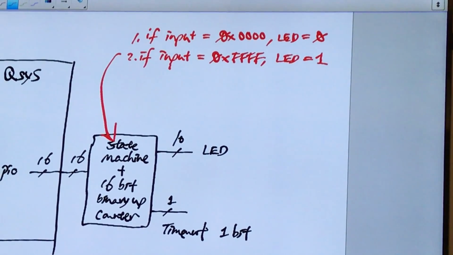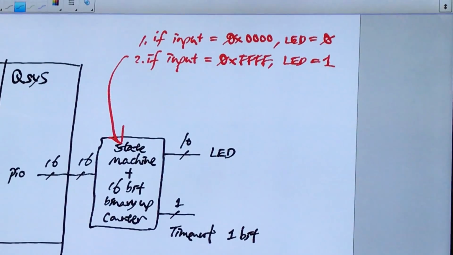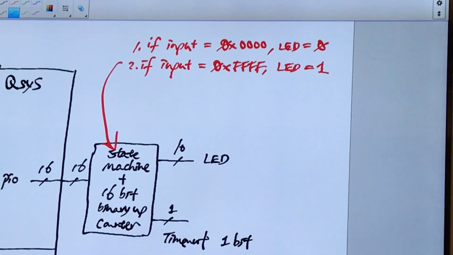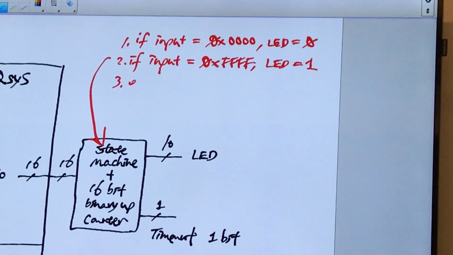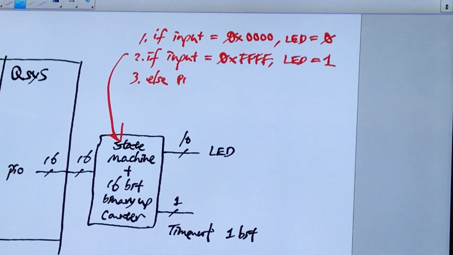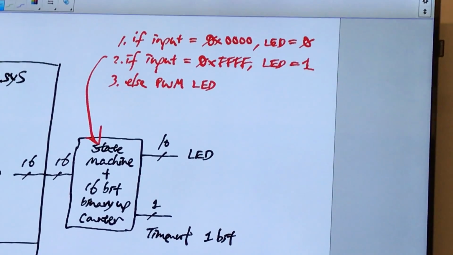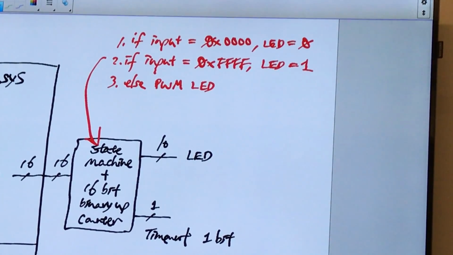So turn on all. Turn off all. Okay? Anywhere in between, you can go to do the PWM. Else, PWM. Just do all of them together.